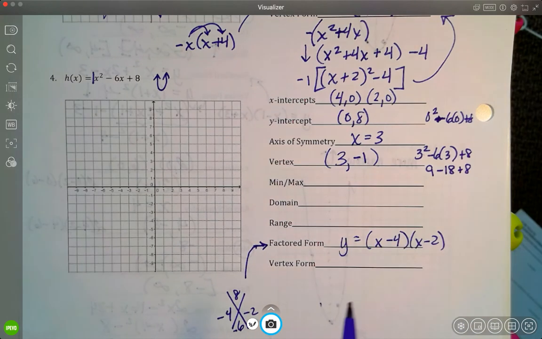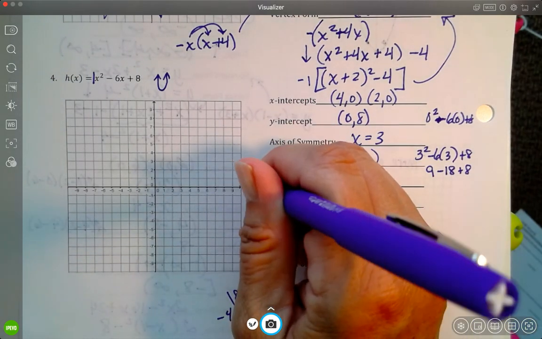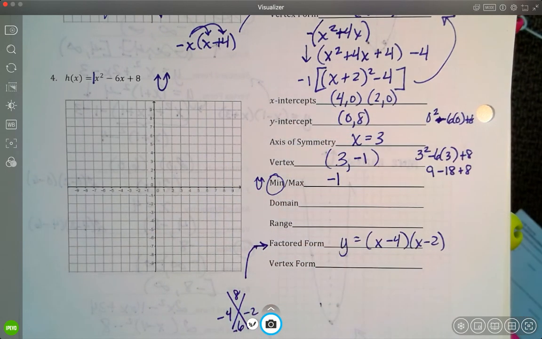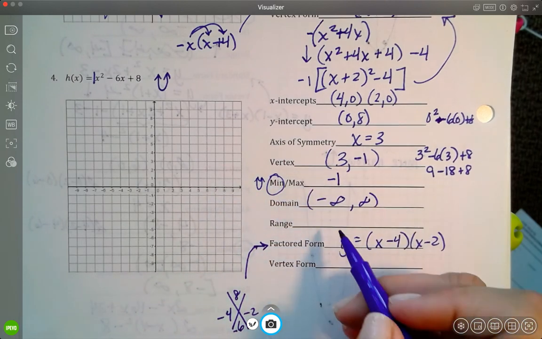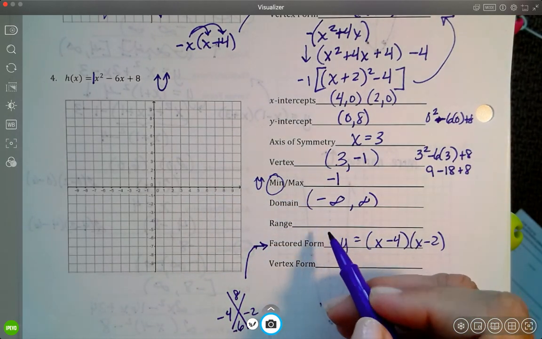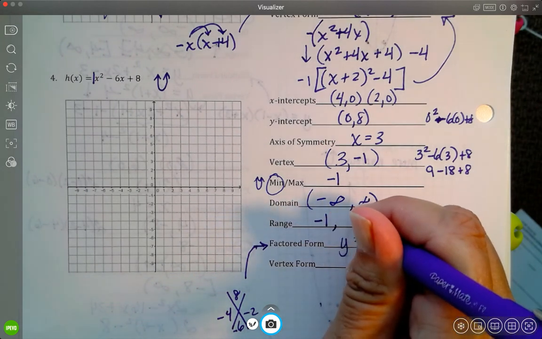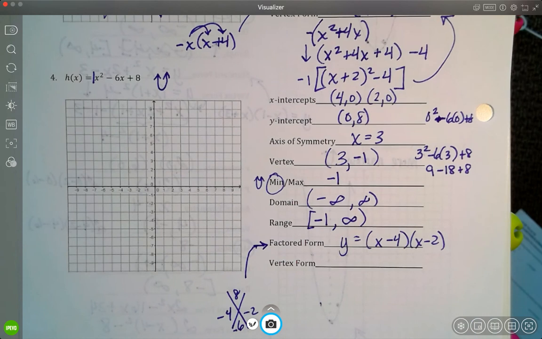Okay, does it have a minimum or a maximum? It has a minimum, because it's going to open like this. What's my minimum? It's whatever my y is. What's my domain? -infinity to infinity. What's my range? Well, it's going to be my lowest y, which is -1, to my highest y, which is infinity. And I need to find vertex form.